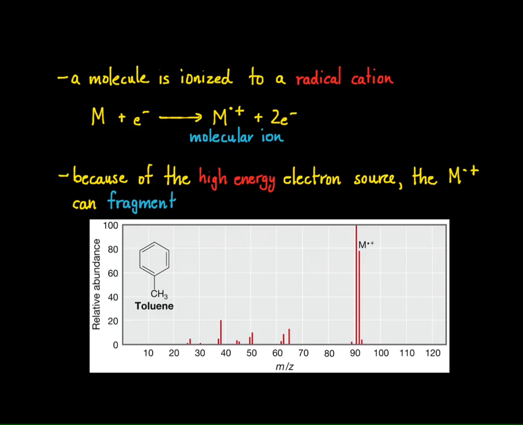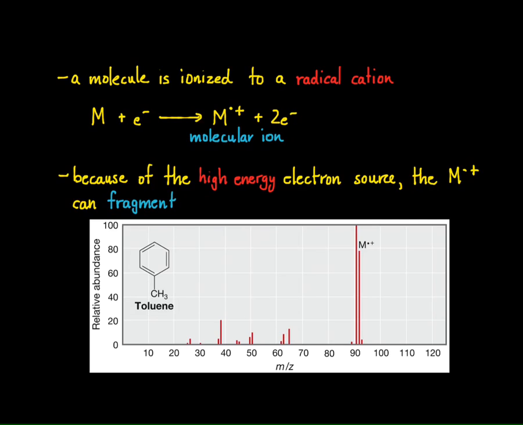Here's an example of a typical mass spectrum, and this is of toluene, as you see on the left. You can see the molecular ion peak farthest to the right at 92 units. So that is the mass of toluene itself.